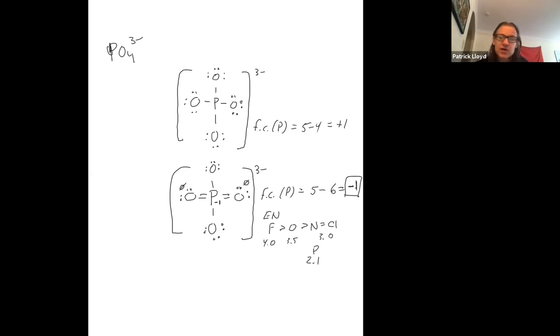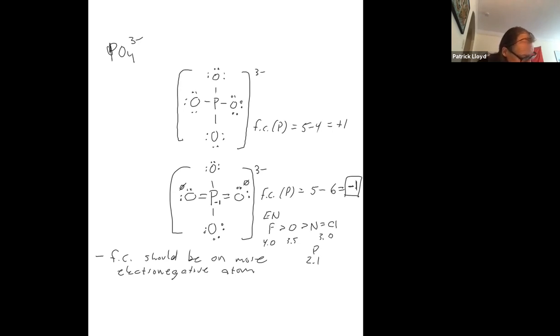So if you have a negative formal charge, the negative formal charge should be on the more electronegative atom, which is oxygen in this case.